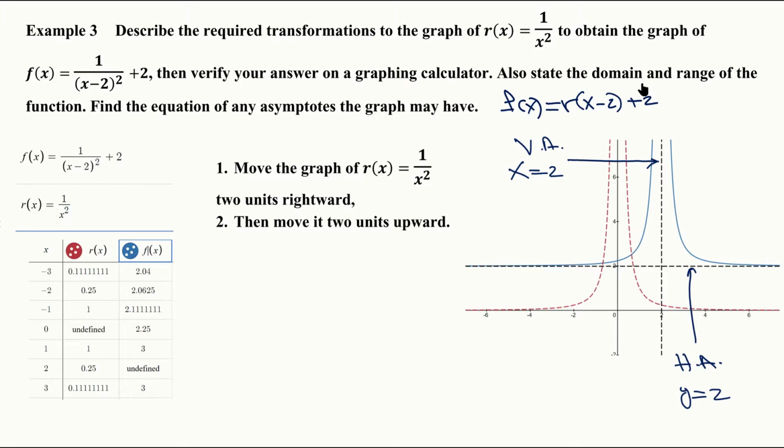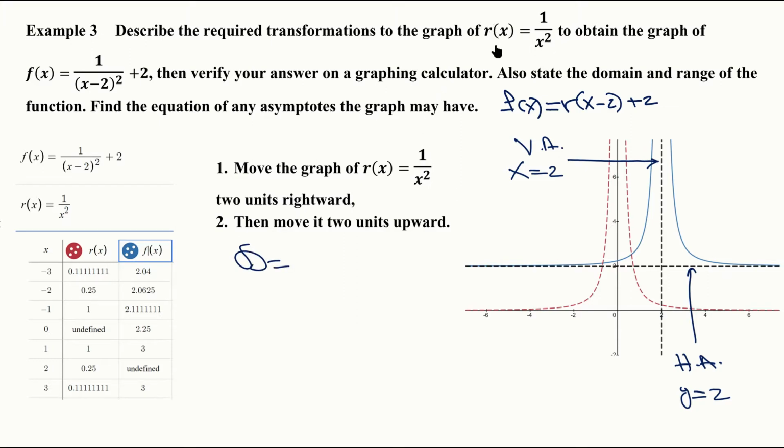the domain for this function in blue is going to be different from the domain for this one, because for the red one, if you recall, it's going to be all real numbers except 0, right? But for the blue function, the domain, and remember that's the main function we're graphing, right?